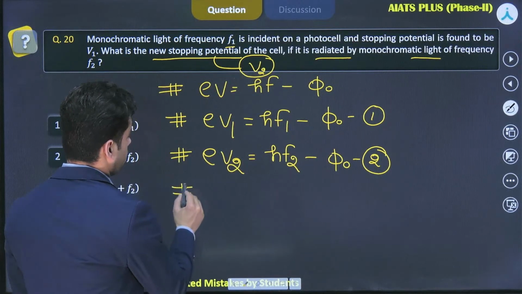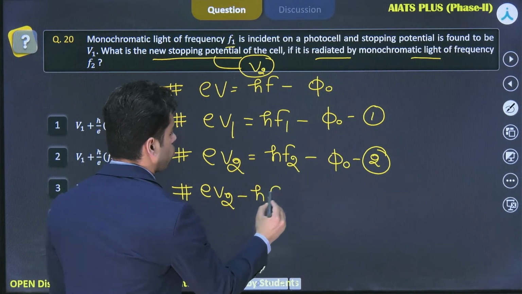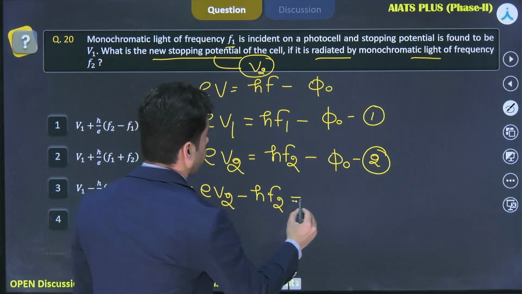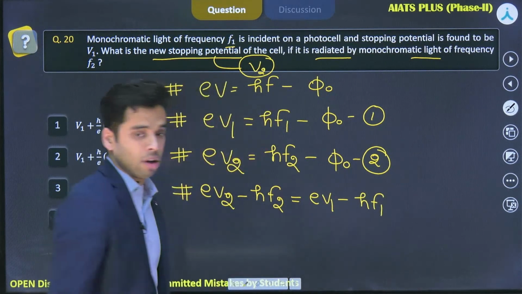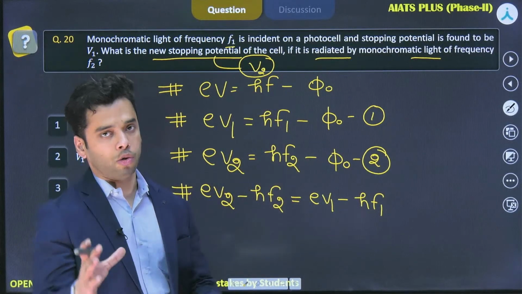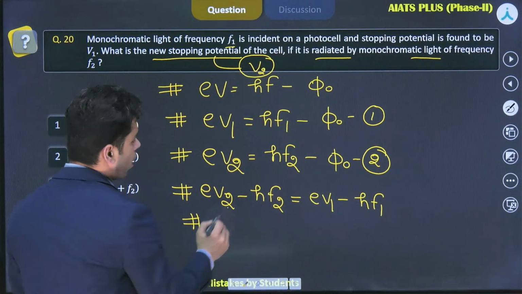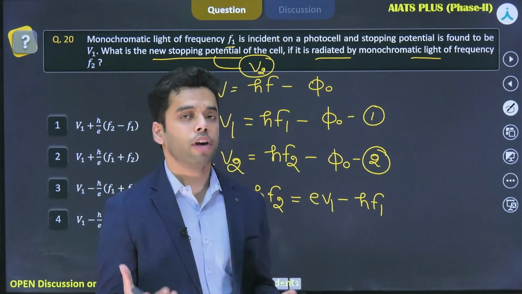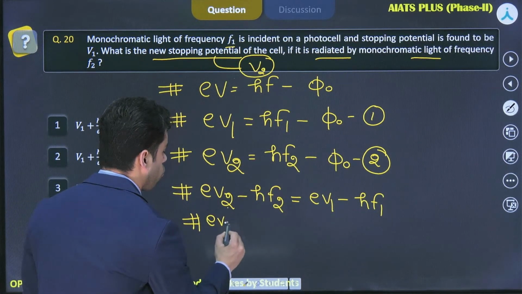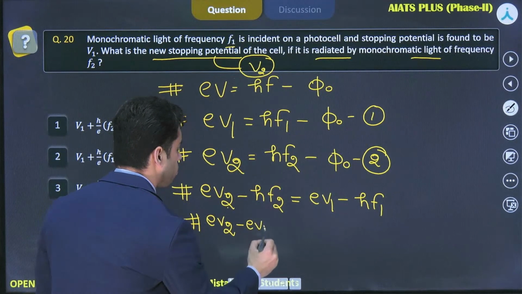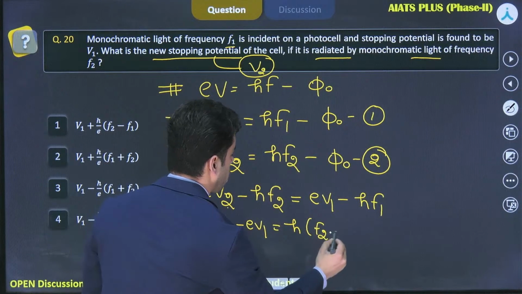So from here I can write that eV2 minus hf2 is equal to eV1 minus hf1. I wrote this using equations 1 and 2. I need to find the value of the new stopping potential, V2. So eV2 minus eV1 will be equal to h times f2 minus f1.